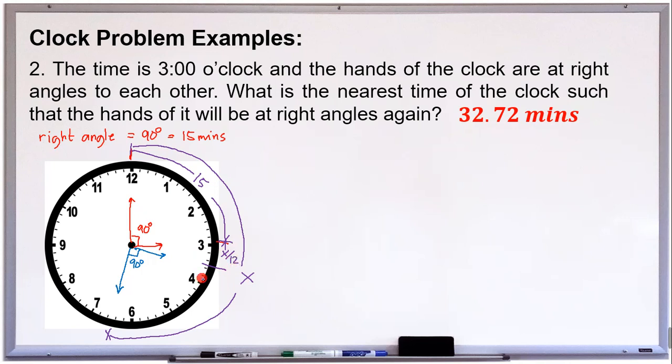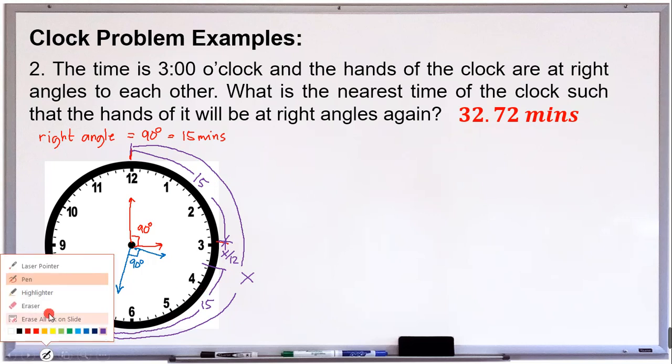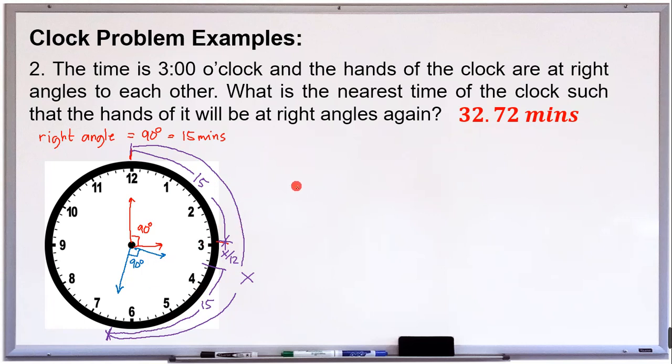Then the distance from the final position of our hour hand and the final position of our minute hand is also equal to 15 minutes because that is equal to 90 degrees. Okay, so I guess our illustration is already complete.